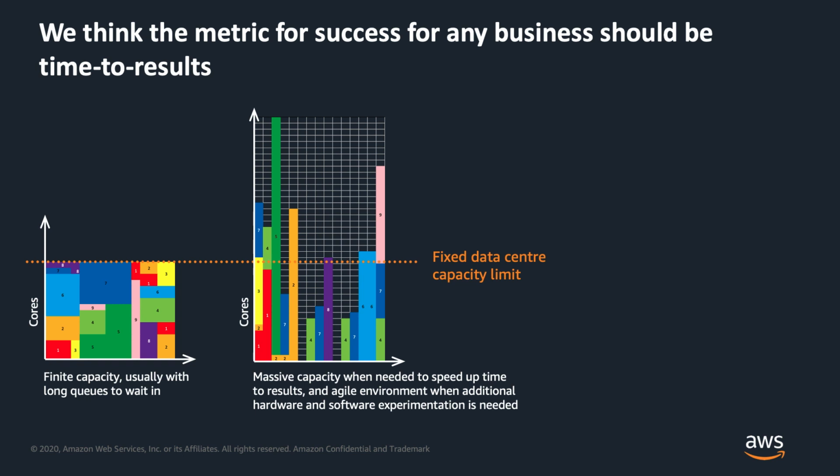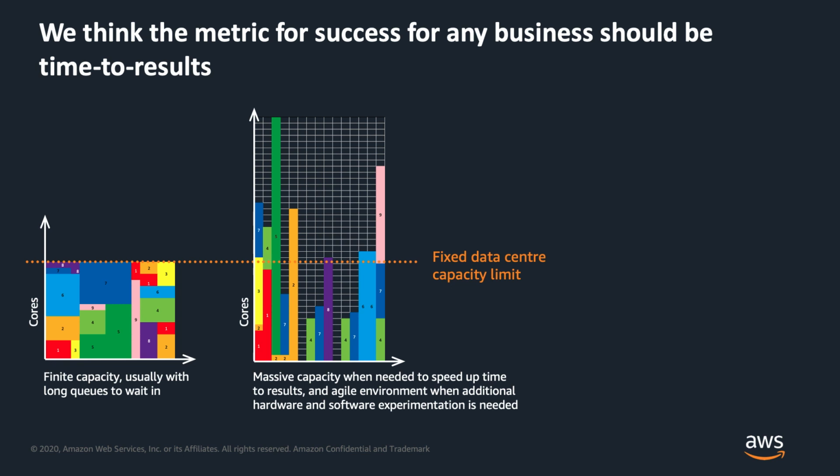You typically have something on the left where you have finite capacity with long queues and some sort of Tetris game of trying to fit your resources in. On AWS, you can get away from that model, and instead you just focus per job on what needs to be run in the most performant way or the best price, or you can combine the two.